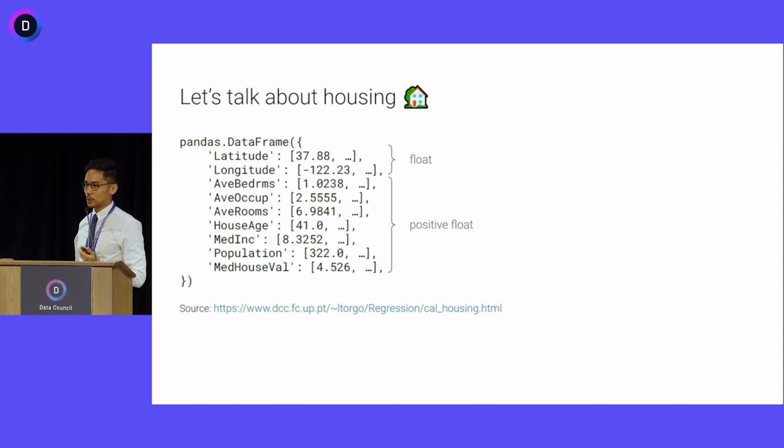But if you know a little bit about the world, you can also say the range of latitude is between -90 and 90, and the range of longitude is -180 to 180. And if you look at the rest of the variables, it's meaningless to have a negative number of average bedrooms. So, okay, these are floats, aggregate values per district, and they have to be positive. So this is all swirling around in your mind.